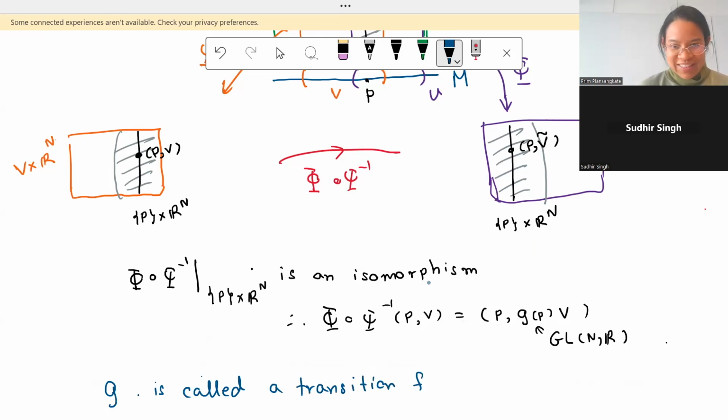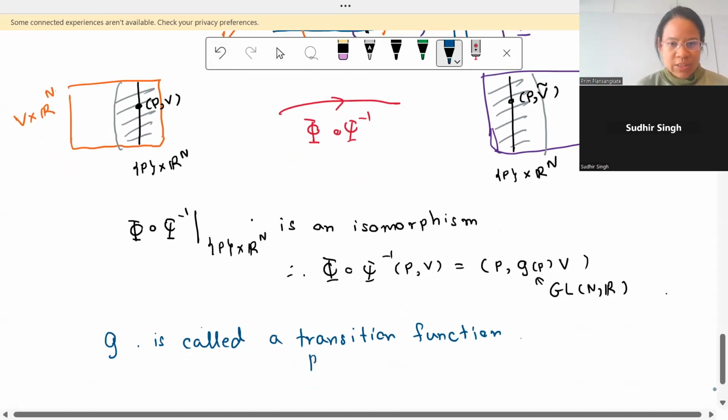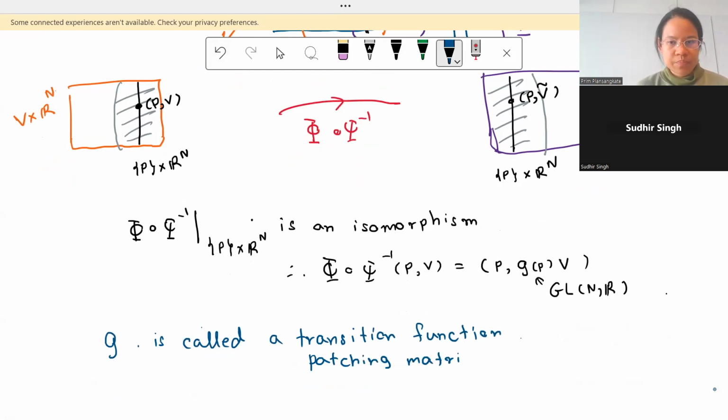It has the same name as the transition function between coordinate charts on a manifold. Another word, sometimes it is called a patching matrix. Okay.